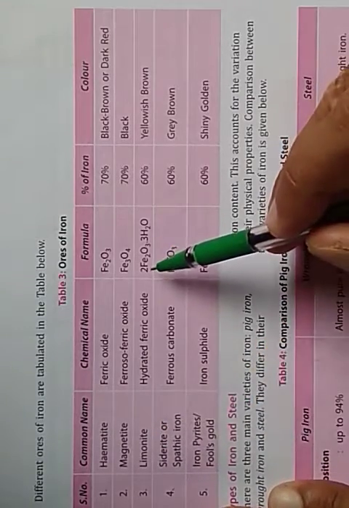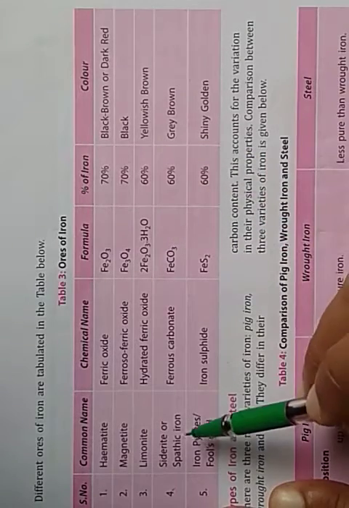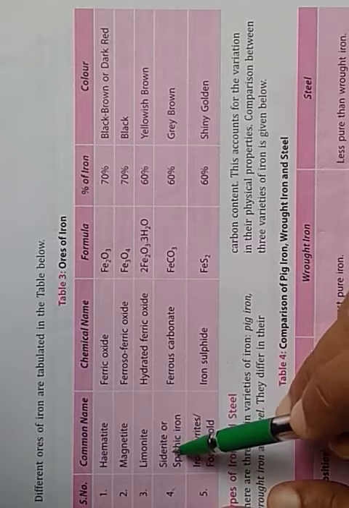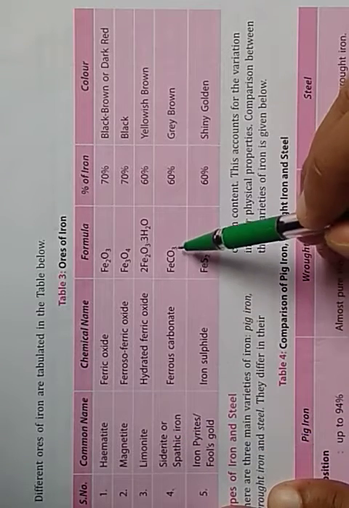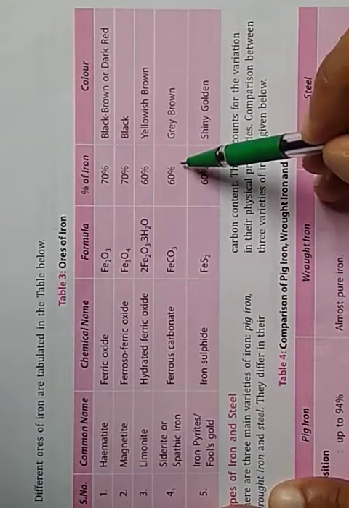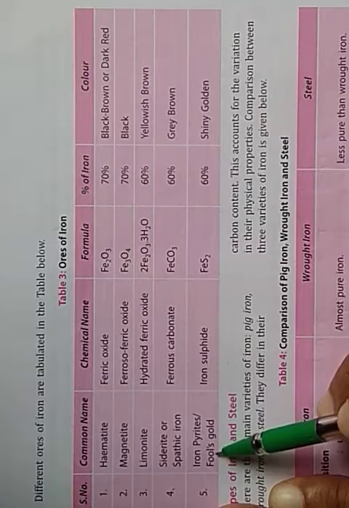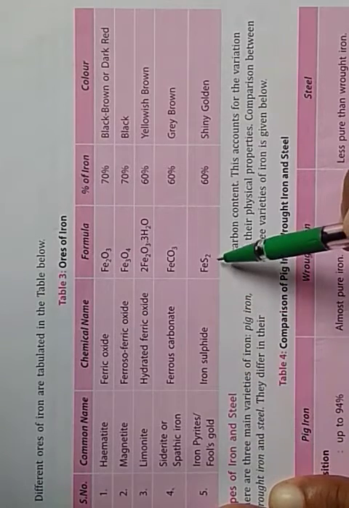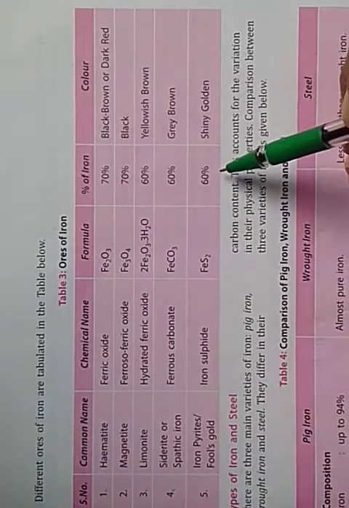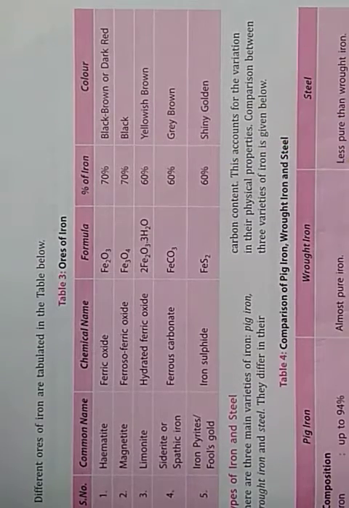Limonite, Fe2O3.3H2O, 60% iron present. Siderite, spathic iron, chemical formula FeCO3, 60% iron present in this ore. Iron pyrite or fool's gold, FeS2, 60% iron present in this ore.